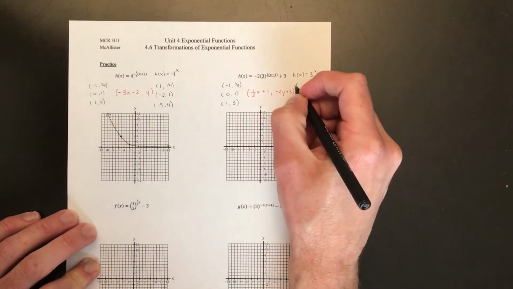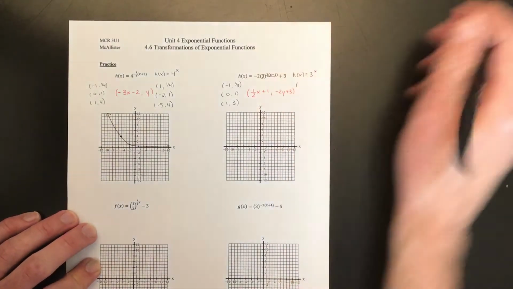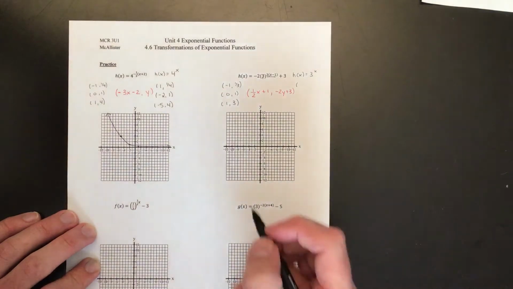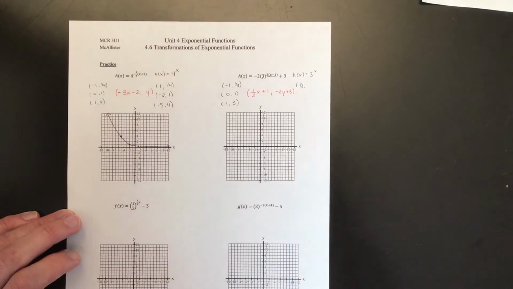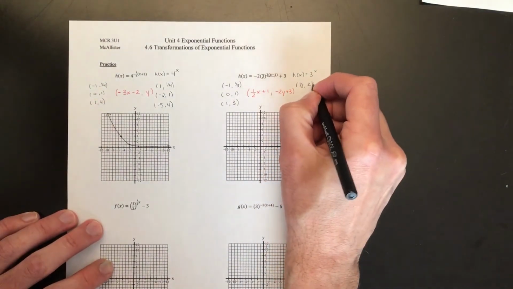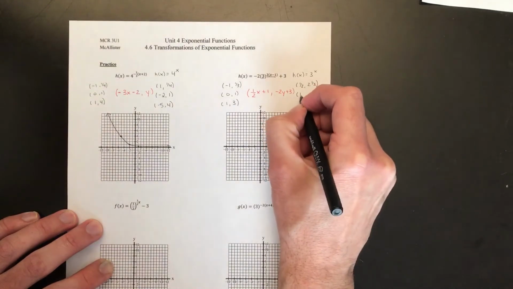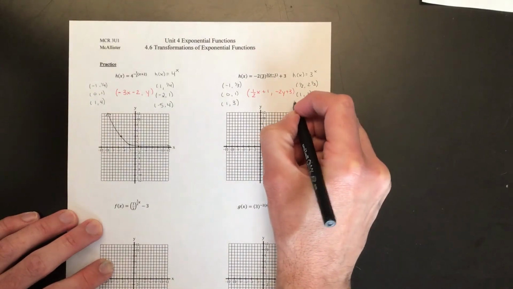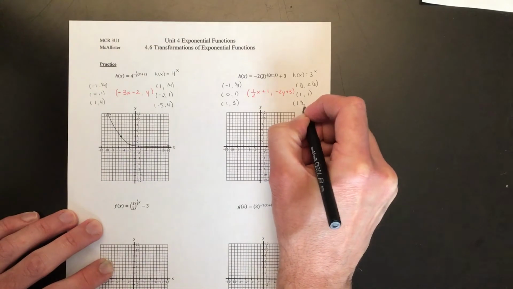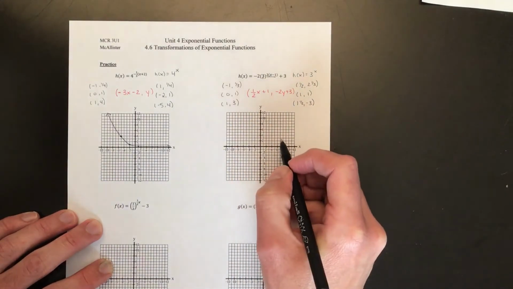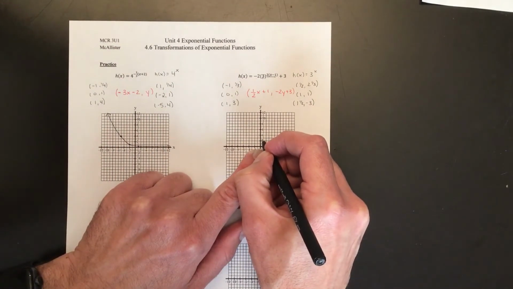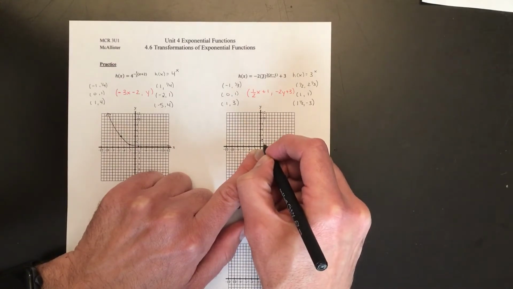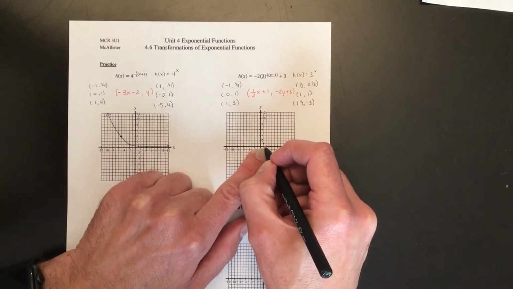Sub those values in. My new points are going to be at 1/2, 2, 1/3, 1, 1, and 1/2, 1 1/2, -3. So we sub our values in, 1/2, 2, 1/3, 1, 1, 1 1/2, -3.